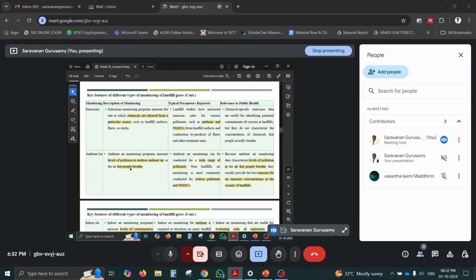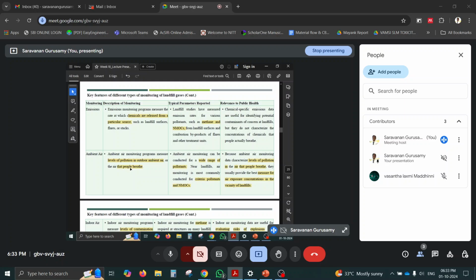And then ambient air. In the ambient air, the level of pollution, outdoor ambient air, we will measure. Ambient air is the surrounding air, we can say, that the people are breathing. So a wide range of pollutants, majorly the criteria pollutants, you have studied in air pollution, like particulate matter, carbon monoxide, NOx, nitrogen oxides, and SOx, sulfur dioxide, and then lead.